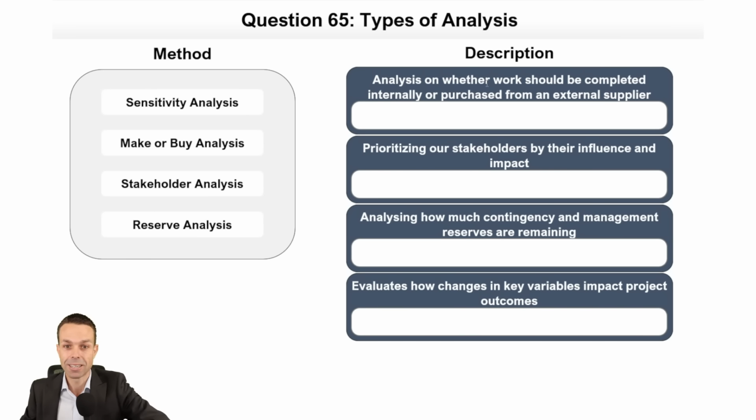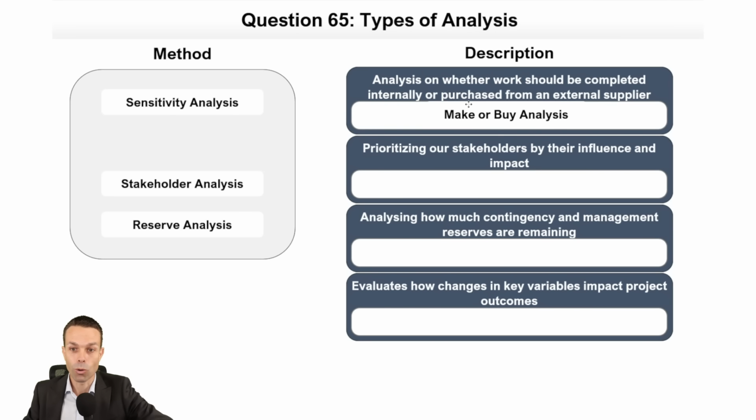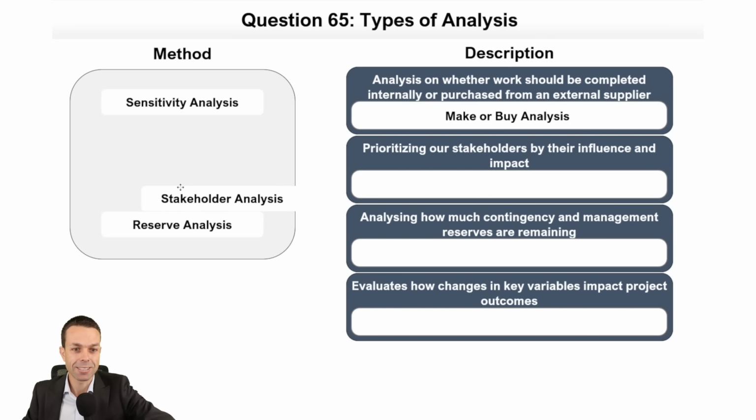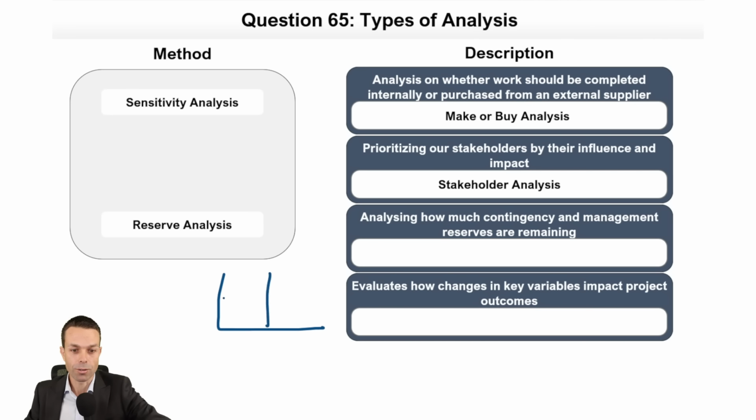Types of analysis. Analysis on whether work should be completed internally or purchased from an external supplier. We're figuring out whether we need to make it ourselves or buy it. Make or buy analysis. Prioritizing our stakeholders by their influence and impact is stakeholder analysis. And you remember what this looks like, don't you? It's like a matrix, and we've got 4 quadrants basically, of 1 to 10 and 1 to 10.